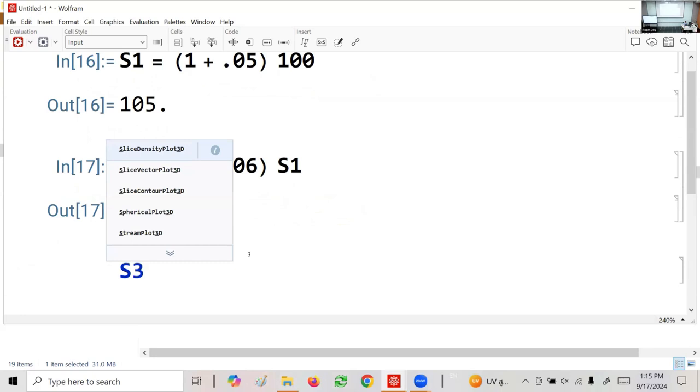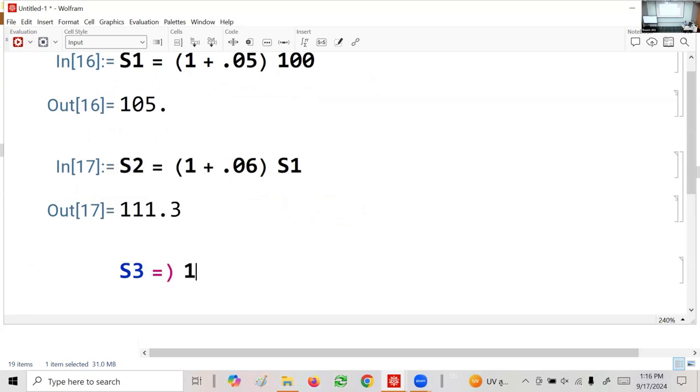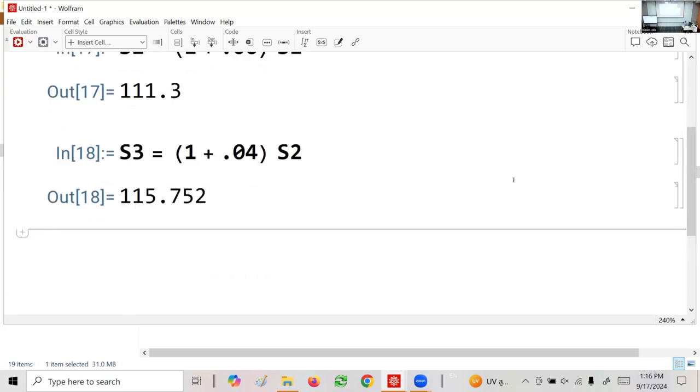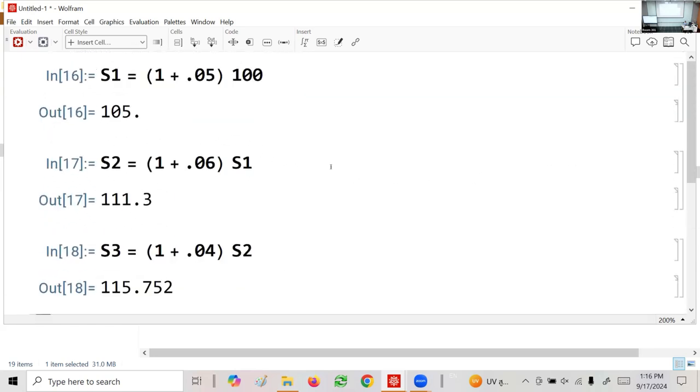S3 is, let's say, 1 plus 0.04 times S2. Does that make sense? So let me ask you a question. This is S0, S1, S1 becomes S2, S2 becomes S3. Let's say this is 1 month, 1 month, 1 month. My question is, what's the average rate of return?